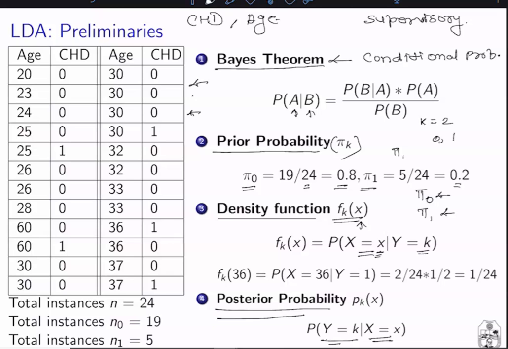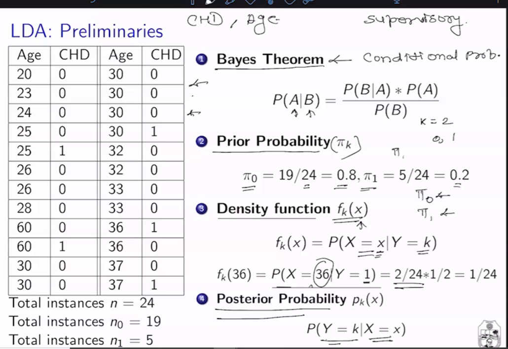Here I have given one example: the probability of a randomly selected observation has value 36, age equal to 36, provided that the class is K, meaning we know that a person is suffering from coronary heart disease. What is the probability that the person has exactly age equal to 36? We have calculated that from our data set.